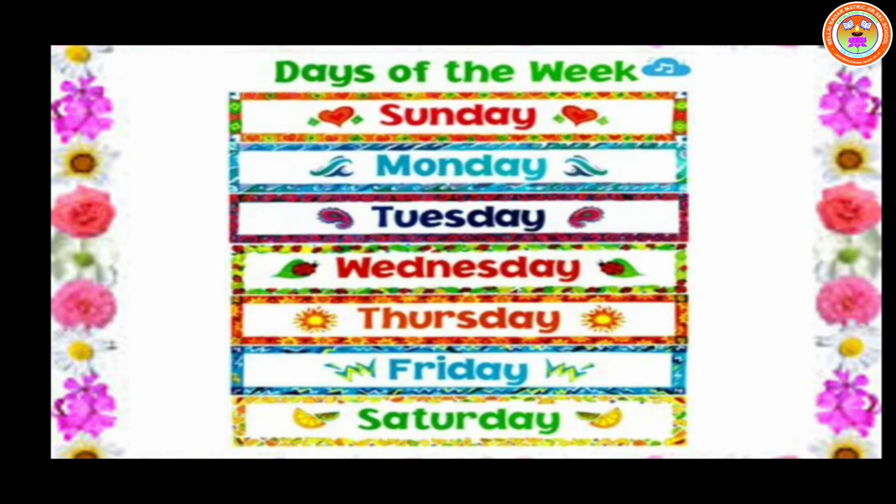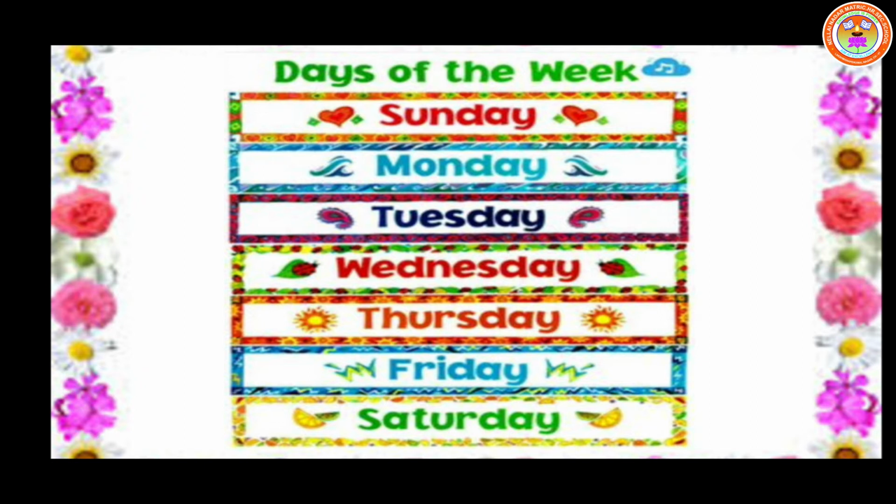Students, there are 7 days in a week. What are the days? The first day of the week is Sunday, second day of the week is Monday, third day of the week is Tuesday, fourth day of the week is Wednesday, fifth day of the week is Thursday, sixth day of the week is Friday, and seventh day of the week is Saturday.